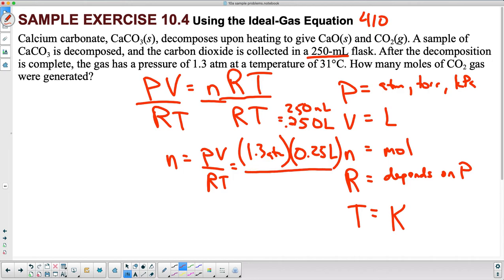All divided by the R value, 0.0821. If we're talking about atmospheres, that's liters atmosphere over mole Kelvin. That's my R value. The temperature is given to us as 31 degrees Celsius plus 273. So that gives me a temperature of 304 Kelvin, like that.